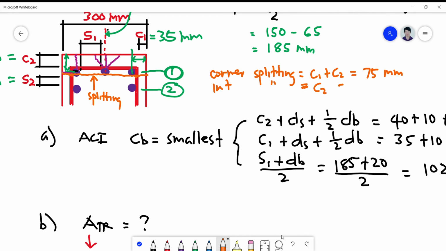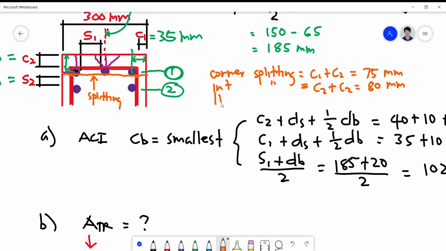In order for this to fall off, it must have at least twice Cs of 2. Okay, so this is 40 plus 40 is 80 millimeter.